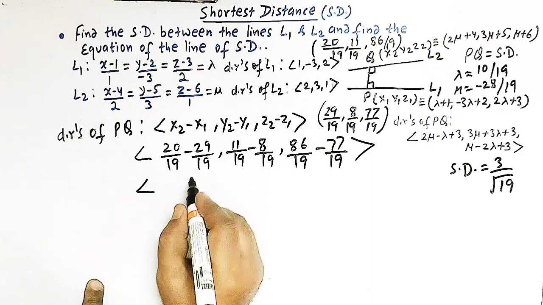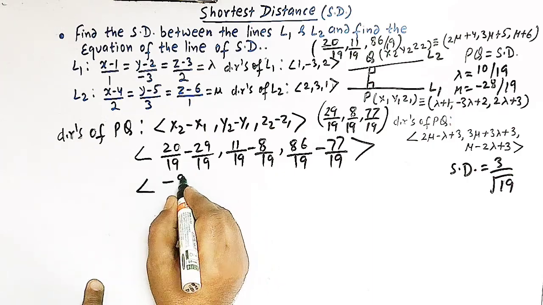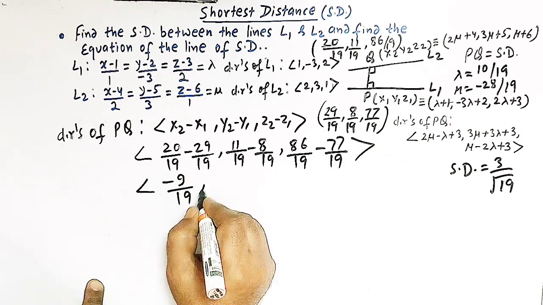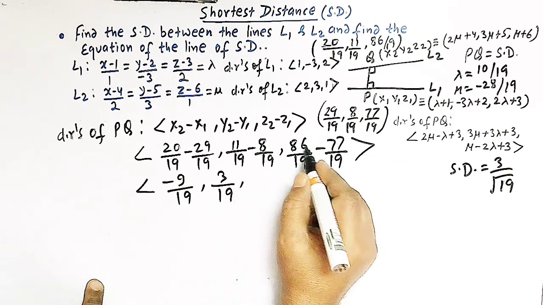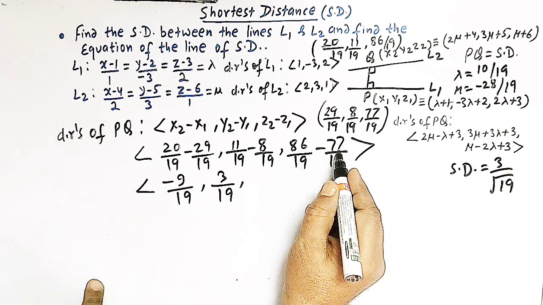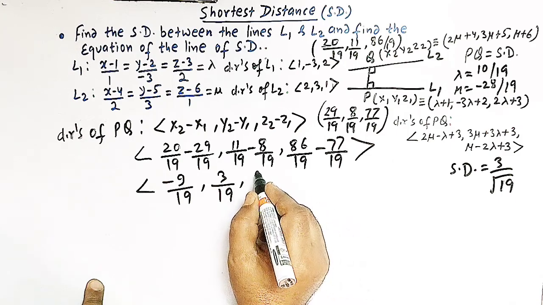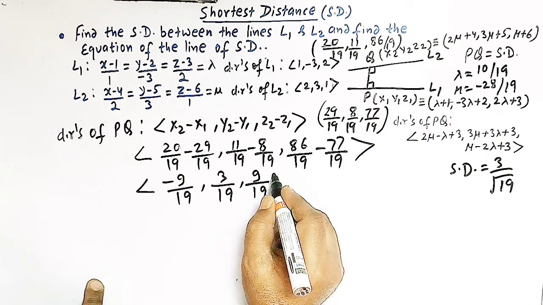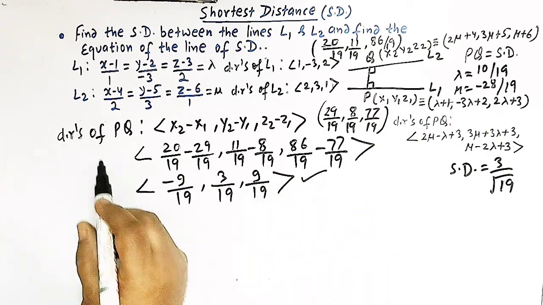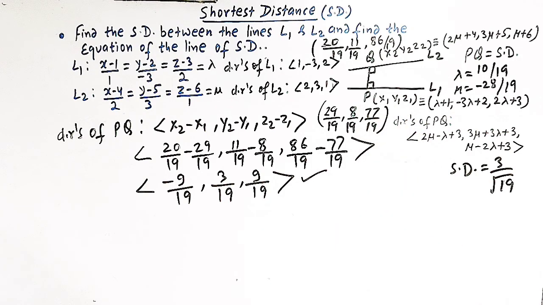So now we have 20 minus 29 is minus 9 over 19, and here we have 3 over 19, and here we have 86 minus 77, that is 9 over 19. So these are the direction ratios of this line of shortest distance.